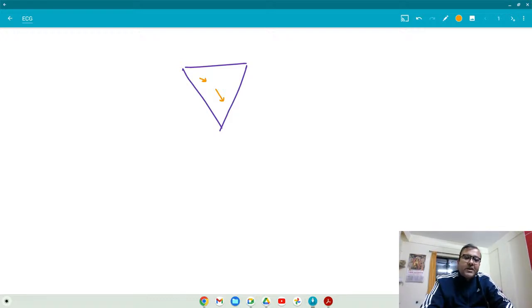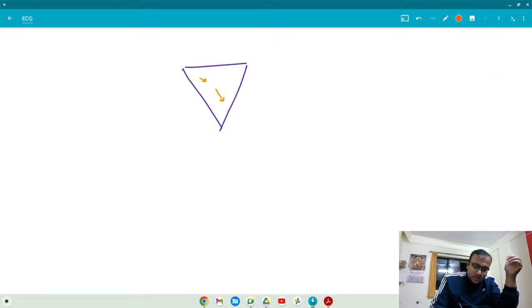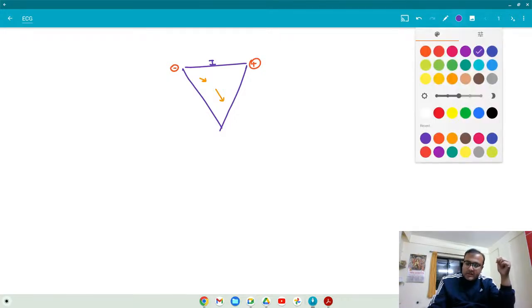Positive deflection, negative deflection? I'm talking only about lead 1, mind it. You know, this is negative, this is positive. And we are talking about lead 1. So for lead 1, tell me, how should be the nature of the P wave?